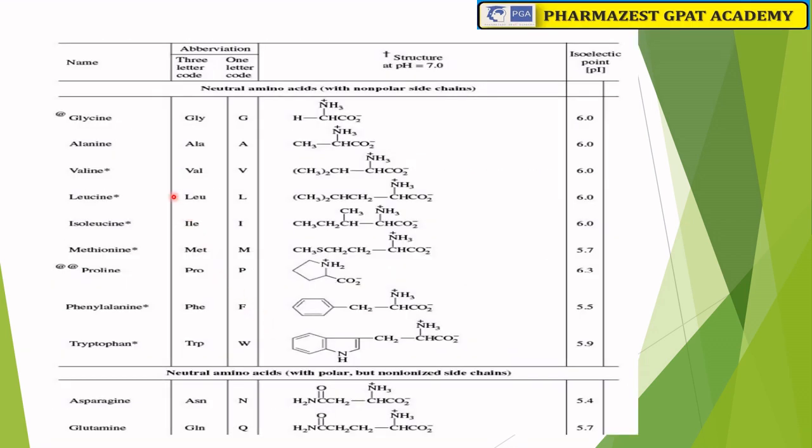Next, coming to some of the important amino acids, their names and abbreviation codes, and this is the structure of the amino acid. Every one contains a parent atom, and based on the different atoms attached to the side chains, they are given different names.